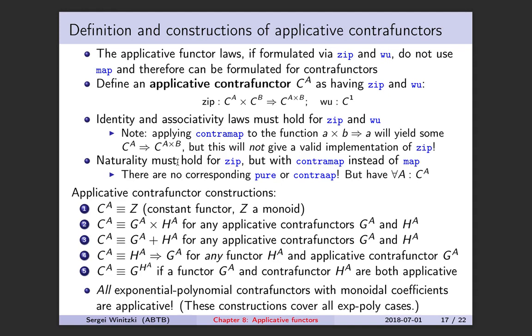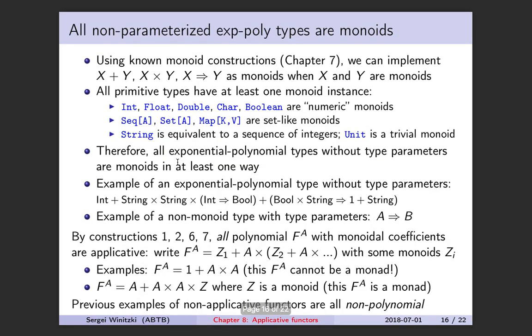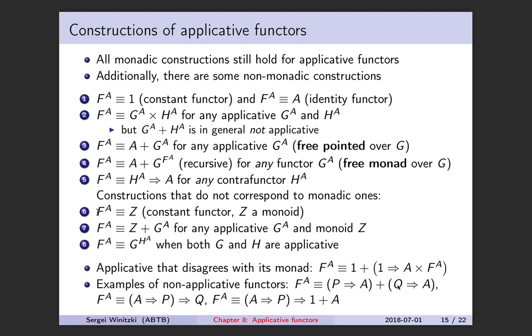The first construction is the constant functor, where the type Z must be a monoid. Now, this is exactly the same as we just had here, the construction 6.